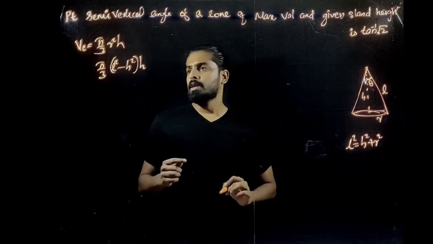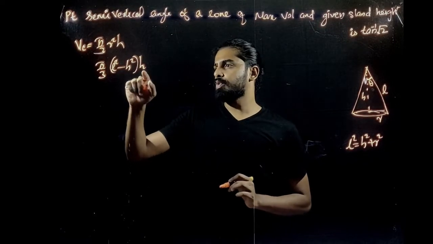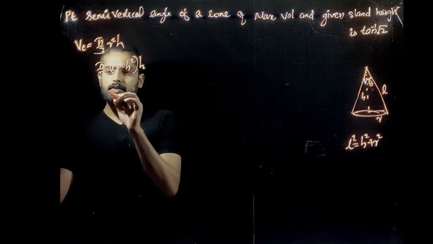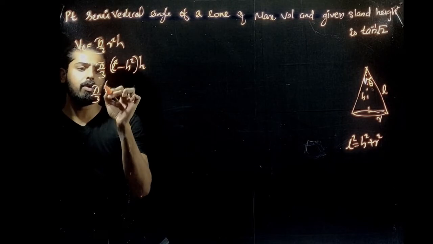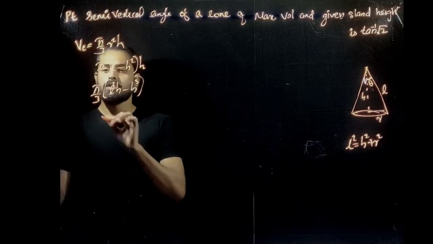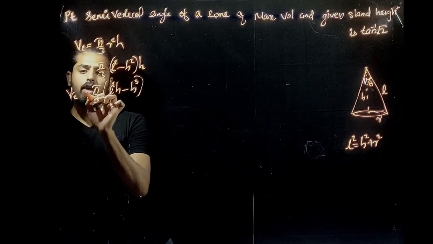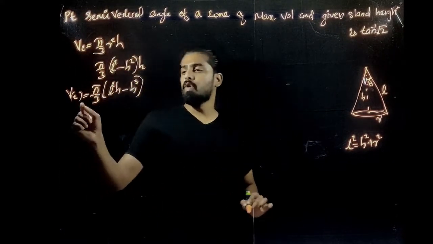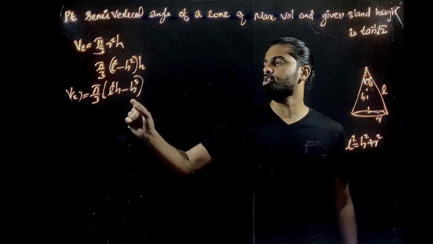Now let's simplify this. We can take h inside, so this becomes pi by 3 into L square h minus h cube. So this is the volume of the cone, now in terms of h only.